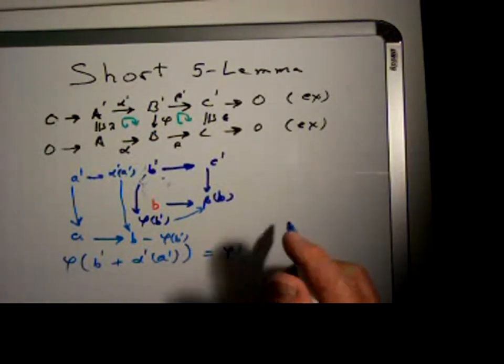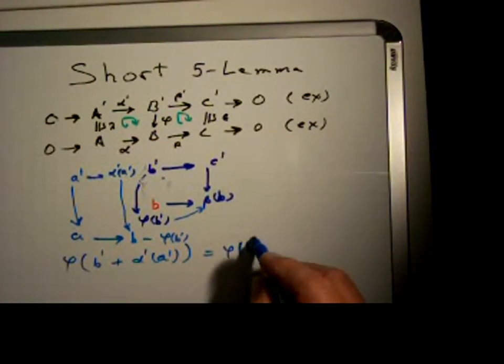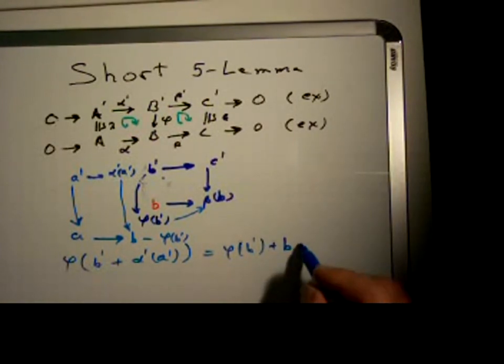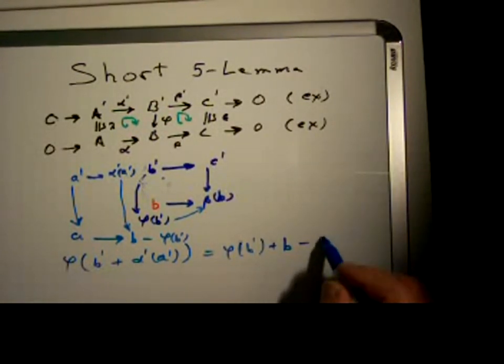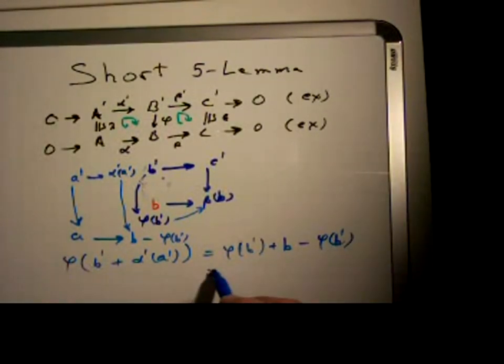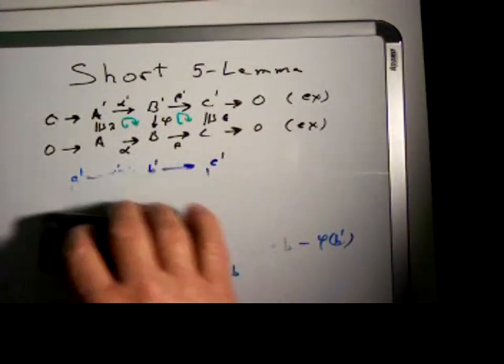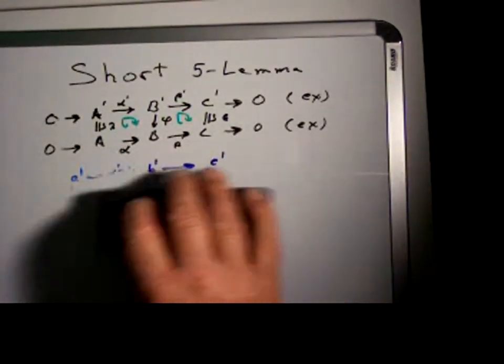Phi of B prime, rather. But this goes to B minus phi of B prime. We're done. Okay, that's onto. And believe it or not, that was the hard part.